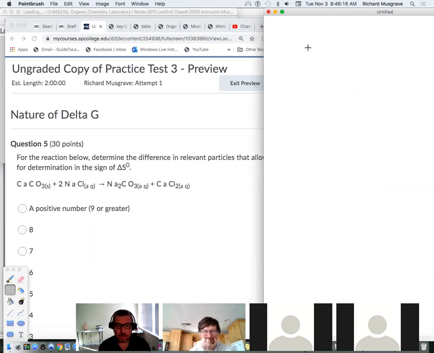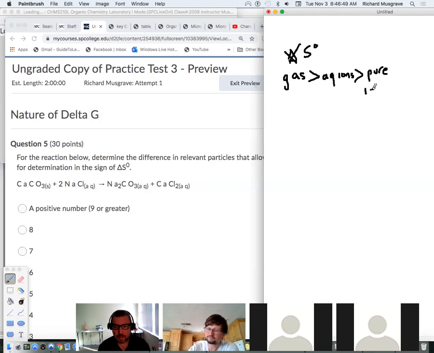And one of the things we talked about was the effect of different kinds of particles on entropy. And what we know is that for delta S, or actually just for S really, gases are greater than aqueous ions, which are greater than pure liquids, which are greater than solids.